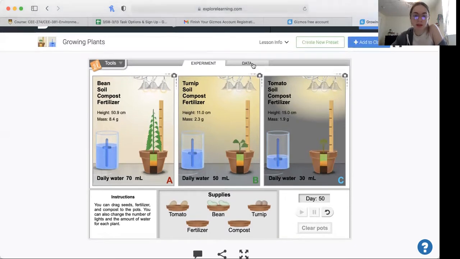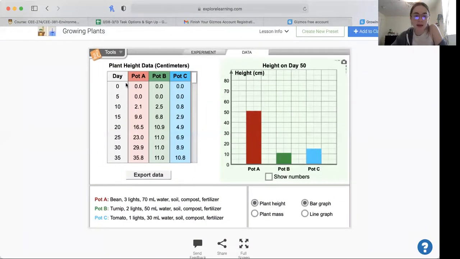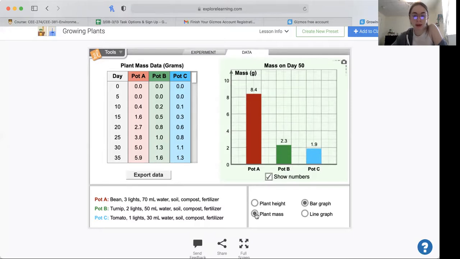So now we can look at the data and see the plot based on the graphs that were made for pot A, B, and C. And clearly pot A grew the tallest, C, and then B was the shortest. You can add the numbers to see. You can also graph the plant mass, which is a little different.